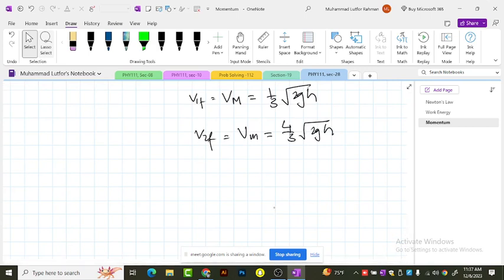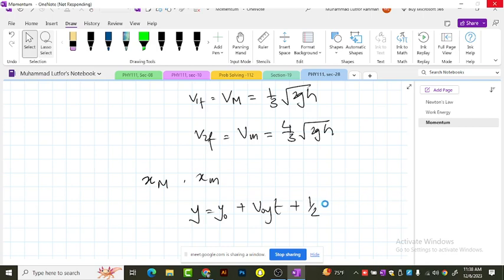Now, if I want to find out this xm and that x of the smaller mass, I have to find out the time, which is the t over here, right? To find out the t, I'll write y equals y naught plus v naught y t plus half of a y t square. This one is 0, this one is also going to be 0.